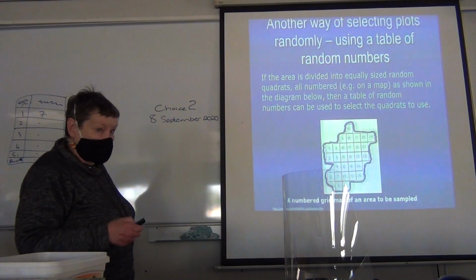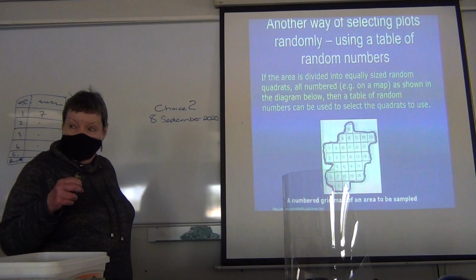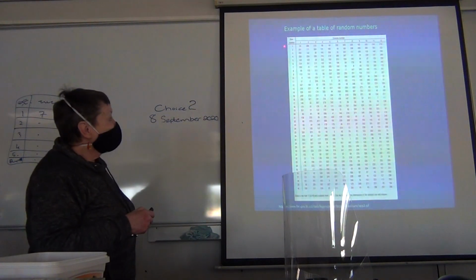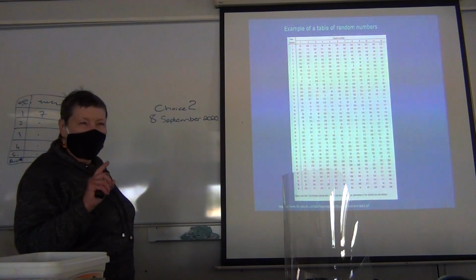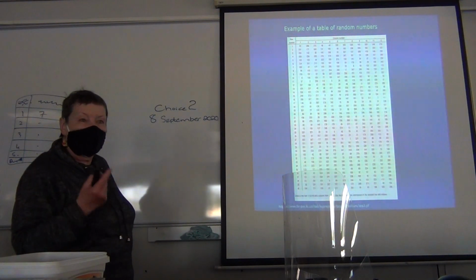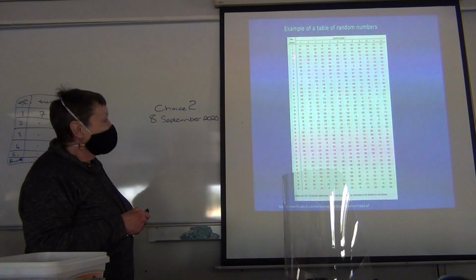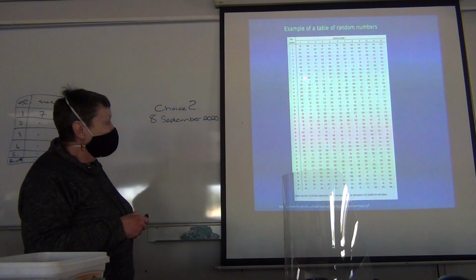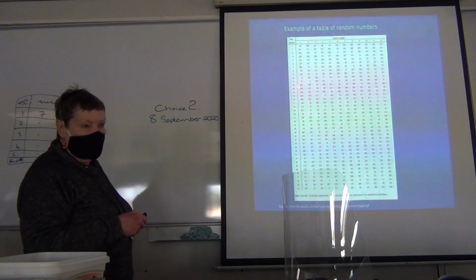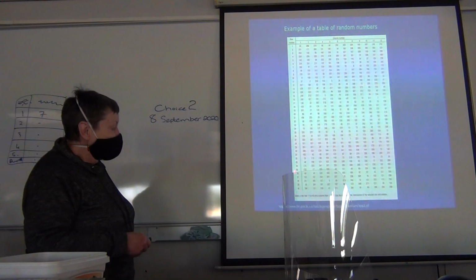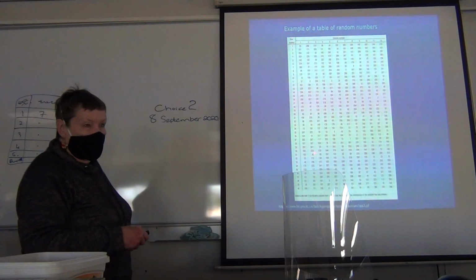You're going to have to use GPS and go to where 20 is. Then you have a look, 331. You don't have a 331, so you ignore it. 250, ignore it. 259, ignore it. 143, ignore it. 6, yay, we've got a 6. And you keep on going until you've got all 10 of them.